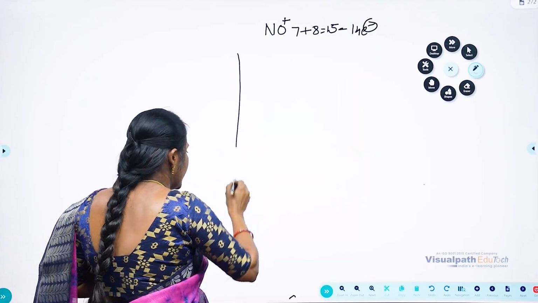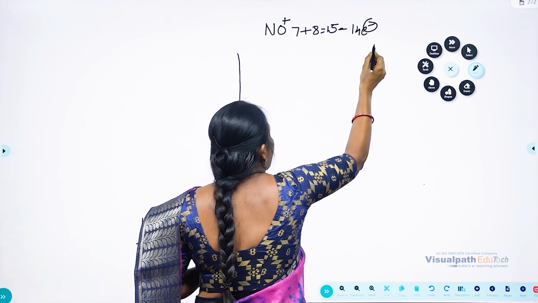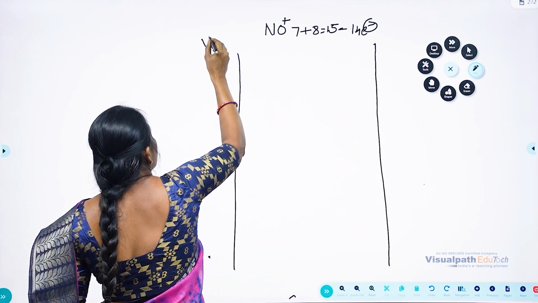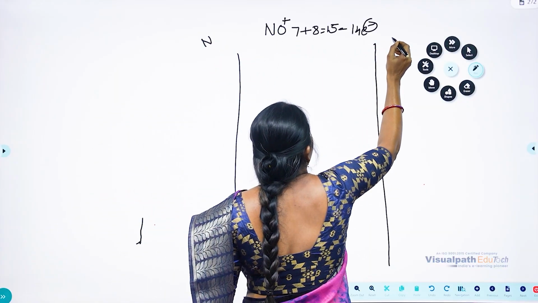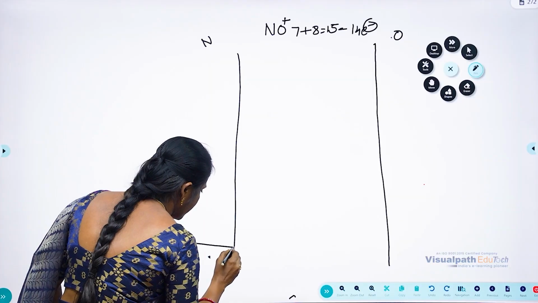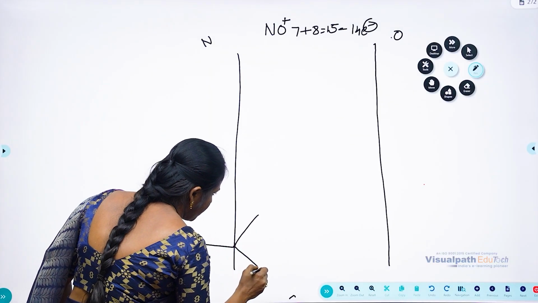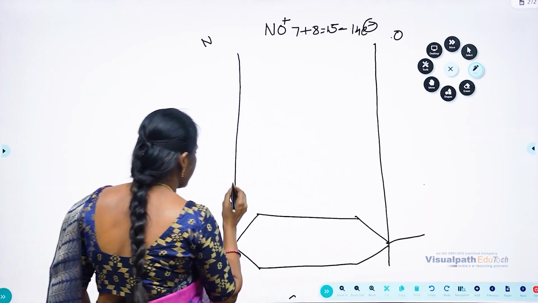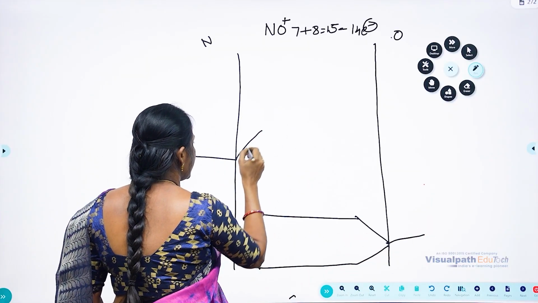So on one side we take the nitrogen and on another side we take the oxygen. It is the nitrogen and here it is the oxygen. Here it is the first and next the second energy level.